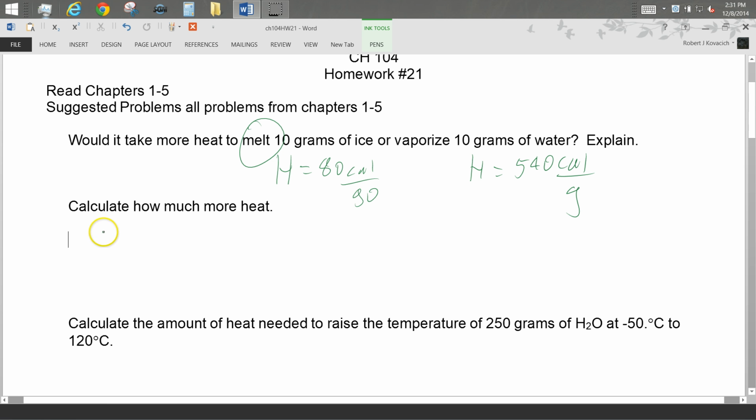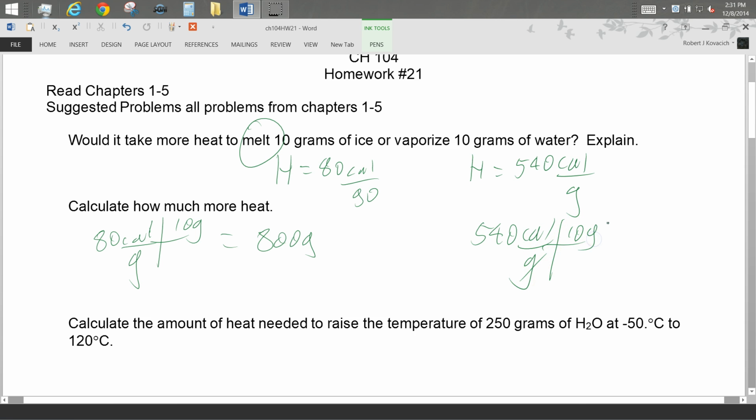So this 80 calories per gram, and then it was 10 grams. So there's our 800 number. And then we had 540 calories per gram, and another 10 grams, so the grams cancel, and I get 5,400 calories.